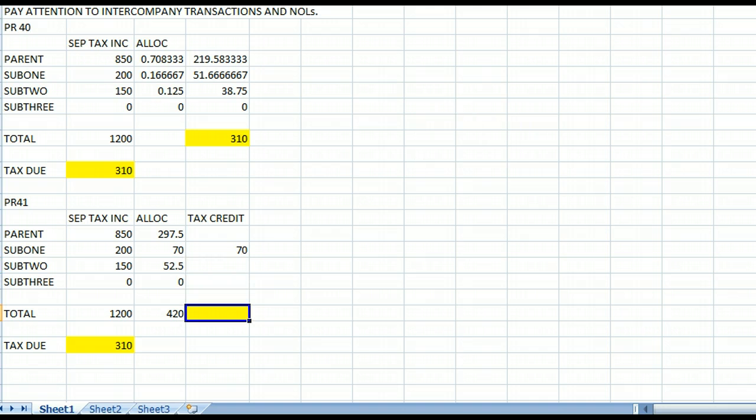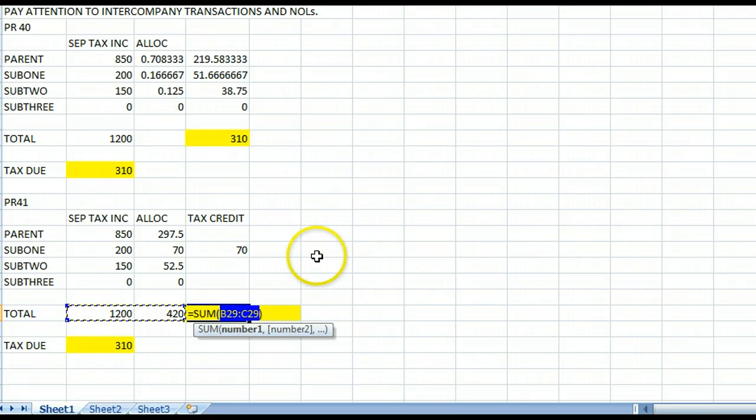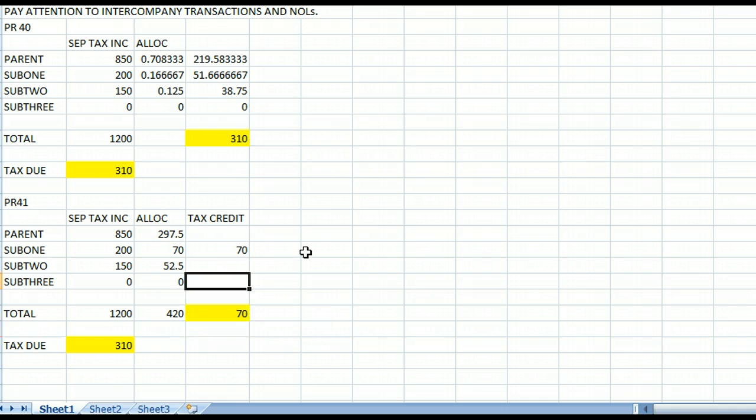Here again, we can just leave that total because that'll be the total of any tax credits that we have. $70.